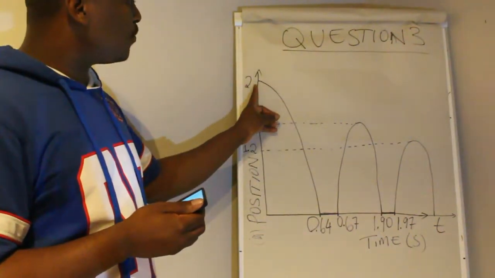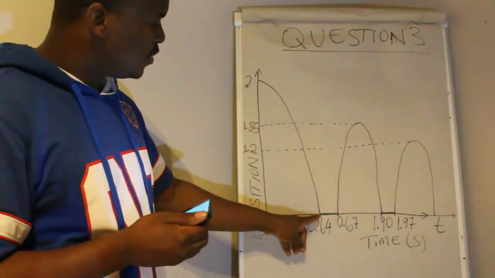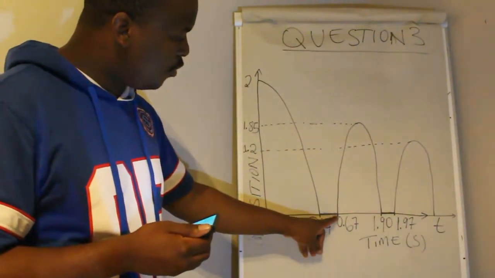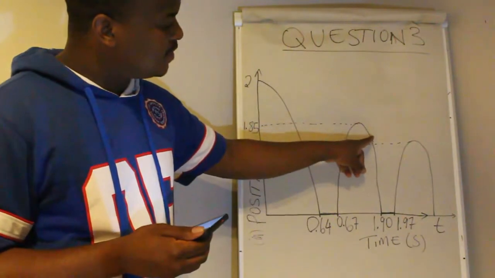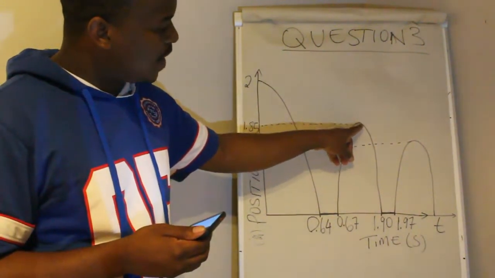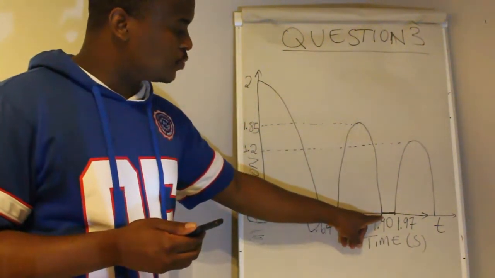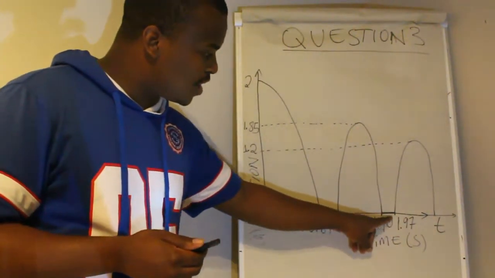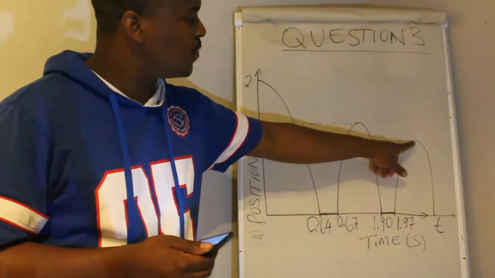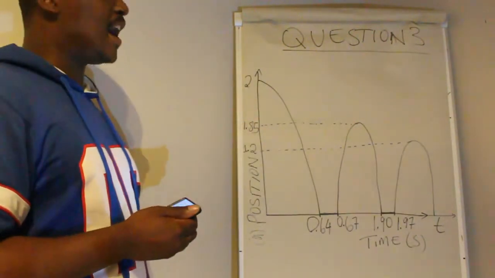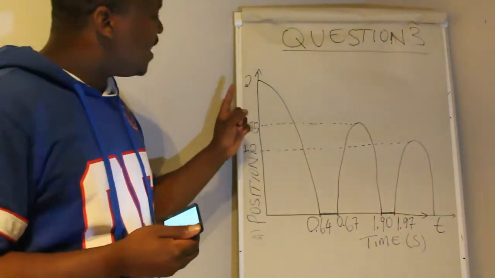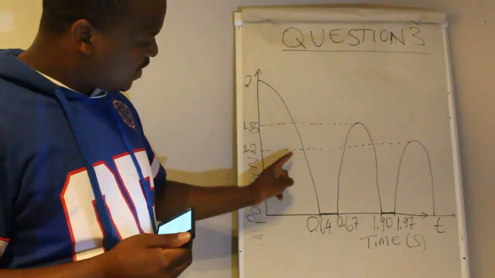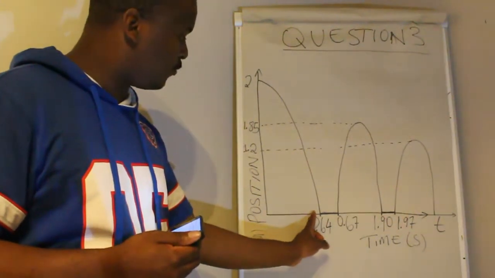So it's dropped from 2 meters, bounces off. So this is the time in which the ball is in contact with the floor, and it bounces again, reaches the maximum height and goes down again, contact with the floor. That is the time in which the ball is in contact with the floor, bounces again, reaches the maximum height and gets to the time t. So as I said, if you are dropping the ball, it's going down here. This is the time it takes to get to the floor.